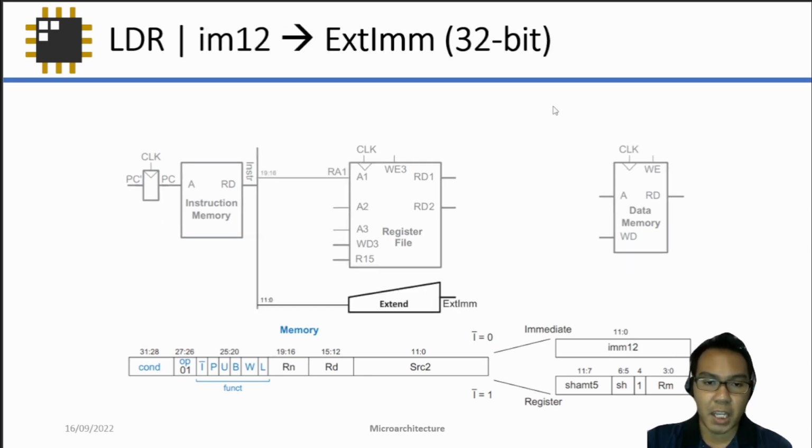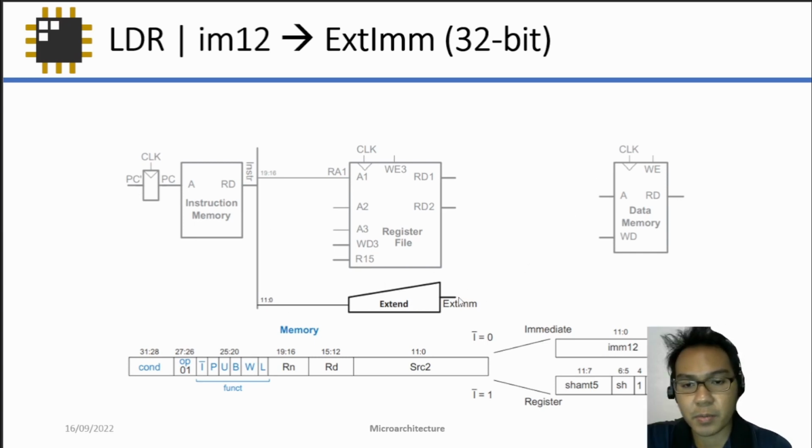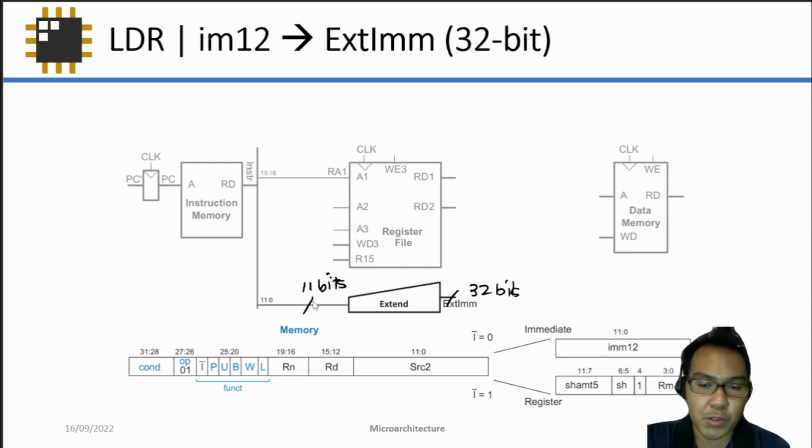Next, we're going to take the immediate and extend it to 32 bits. This right here is 32 bits because we have an 11-bit immediate here, assuming that we have immediate addressing for the load register that we have right now.